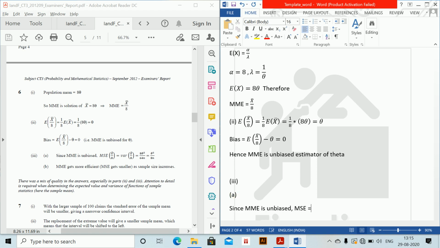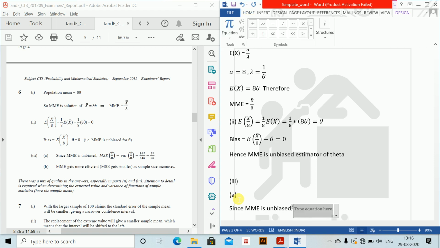Therefore, MSE is equals to MSE of x bar divided by 8 for theta, is equals to variance of x bar by 8, which is equals to 8 theta square divided by 64n, which is equals to theta square divided by 8n.